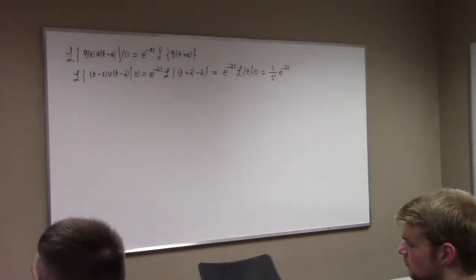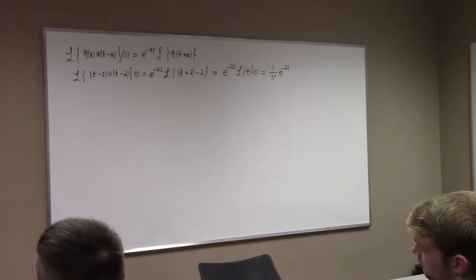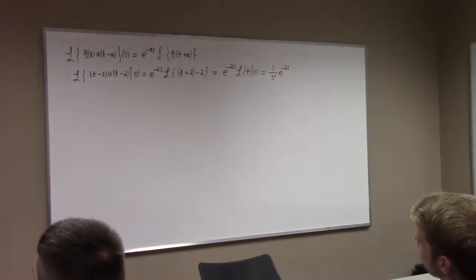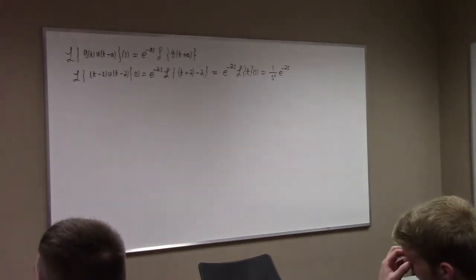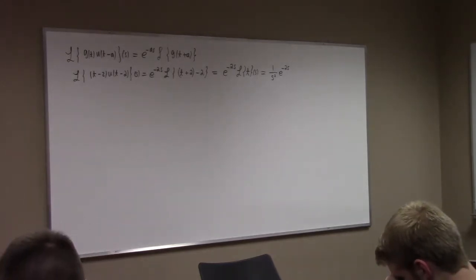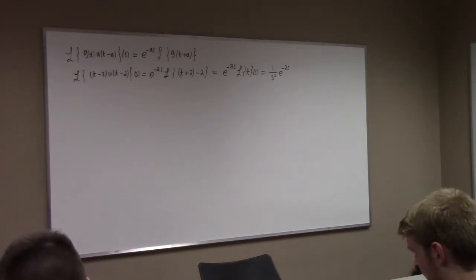So the point here is the Laplace transform of these terms works out to 1 over s squared e to the minus 3s minus 1 over s squared e to the minus 2s, all right? So the first step in any of these problems is to take the Laplace transform of the differential equation and deal with that, all right? So we did that.